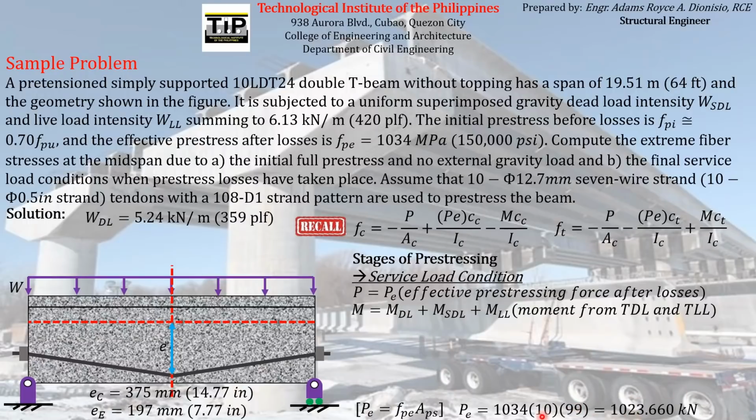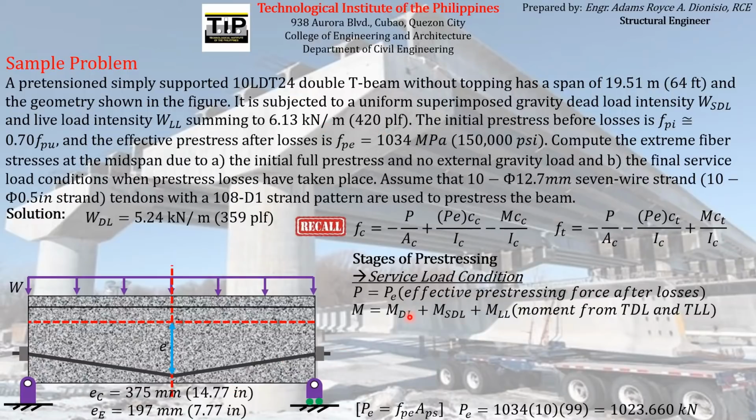So I suppose there will be no problem on conversion here. So that is the effective force acting on the pre-stressing reinforcement at service load when the concrete itself already carries the additional load due to the superimposed dead load and live load, which has a sum of 6.13 according to the problem.